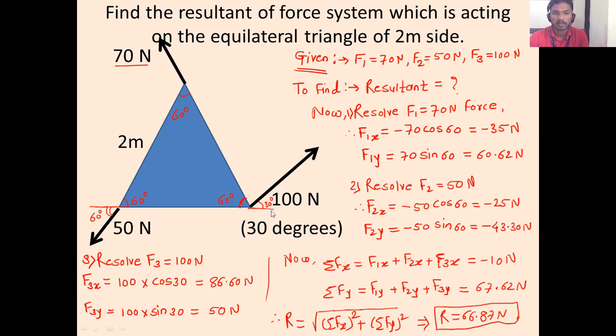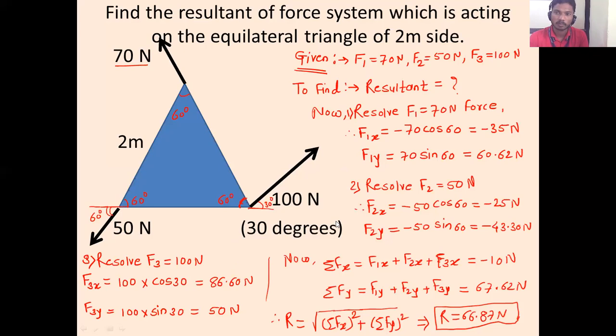Then the third force we have considered. The angle is given as 30 degree with the horizontal or x-axis. So while calculating the x component, we have to take its cosine function. In which quadrant does this 100 Newton force, inclined at 30 degree with the horizontal, lie? First quadrant.